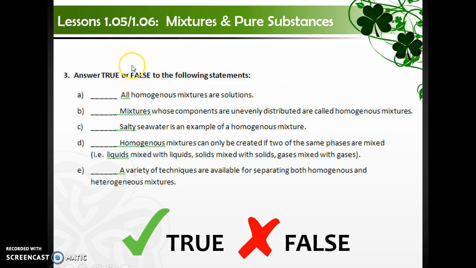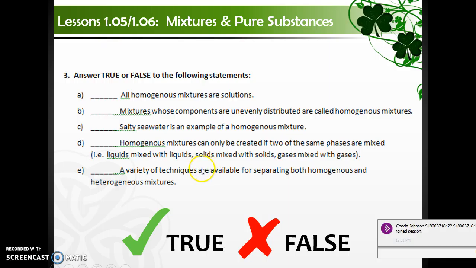For all of the following, answer true or false. Letter A, all homogeneous mixtures are solutions. Letter B, mixtures whose components are unevenly distributed are called homogeneous mixtures. Letter C, salty seawater is an example of a homogeneous mixture.